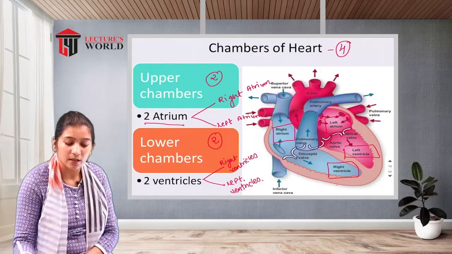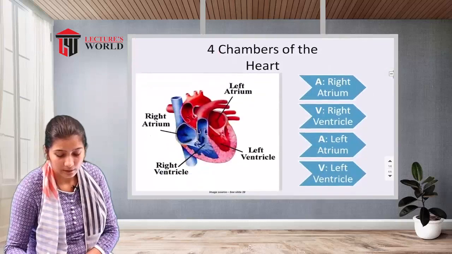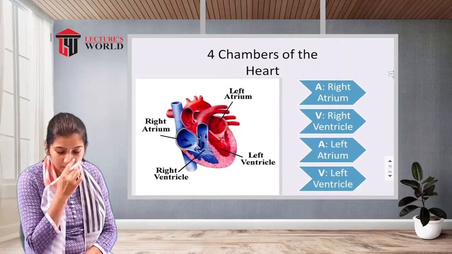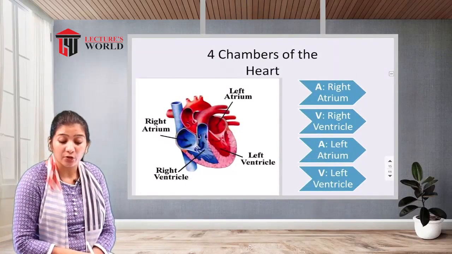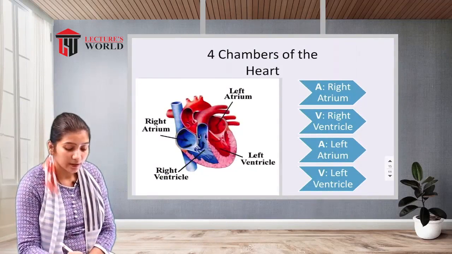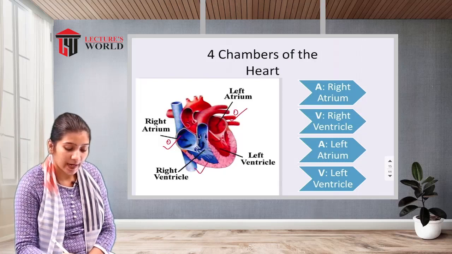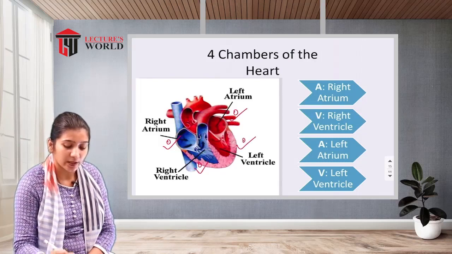So now we will discuss the chambers. There are four chambers of the heart, as we have discussed in the previous slide: the right atrium, left atrium, right ventricle and the left ventricle.